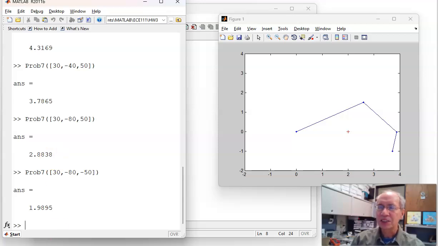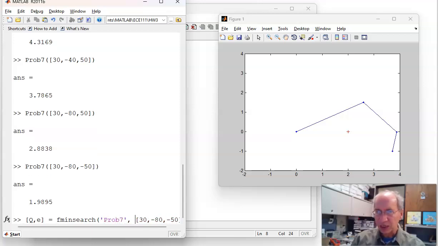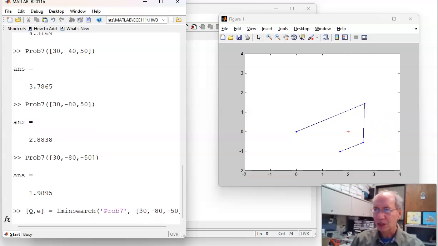So I can guess again, or I can let Matlab guess for me. That's the function fminsearch. Let's do fminsearch. I want to minimize this function, problem 7, and here's my initial guess. So it's going to sit there, guess again, and eventually, when it minimizes the error, it will return an answer.